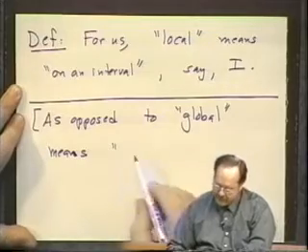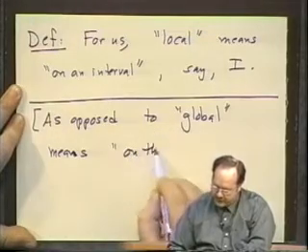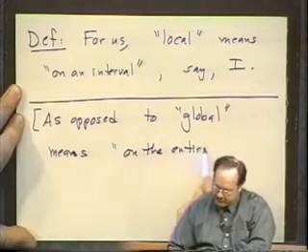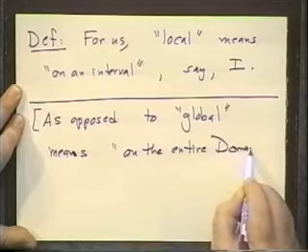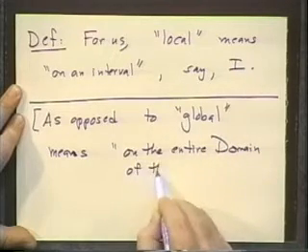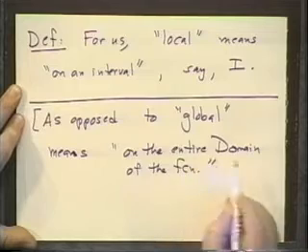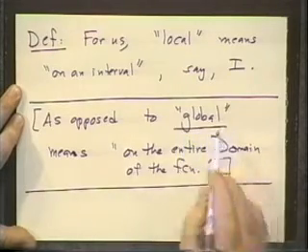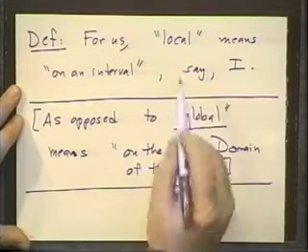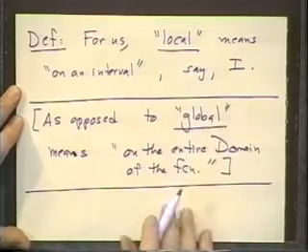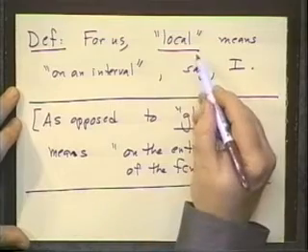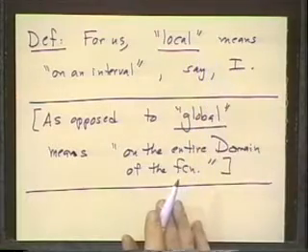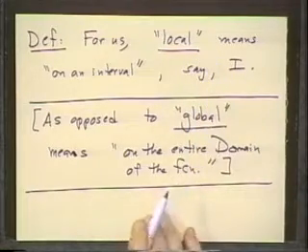In other words, it means on the entire domain of the function. That's what global means. As I said, we won't be using global in this course. Local and global become very important again when you take calculus. But local is certainly something we can understand and something we can actually look at using pictures.